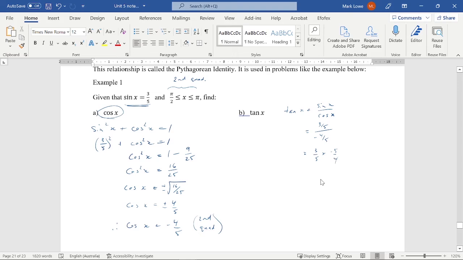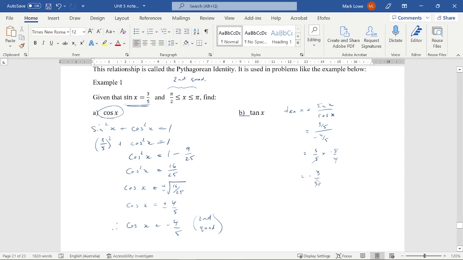Just invert the fraction and multiply instead. Our 5's cancel, and we're left with negative 3/4. And that works being negative, dividing the positive sine by the negative cos, because in the second quadrant tan is negative as well.